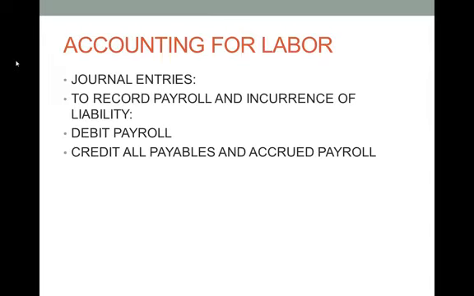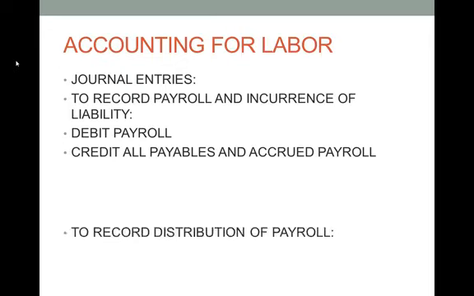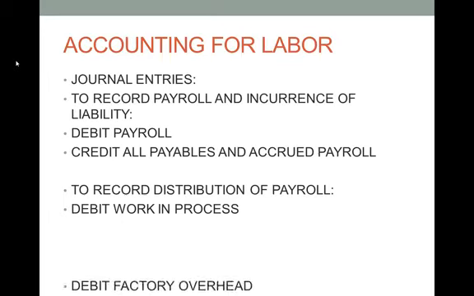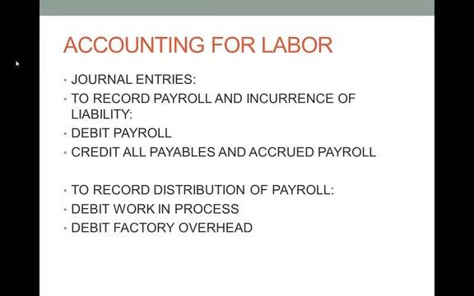So next, to journalize distribution of payroll, debit work in process, and then debit factory overhead, and then credit payroll. Again, debit work in process, ang pumapasok po sa work in process is yung direct labor.